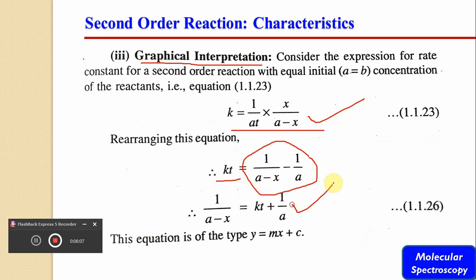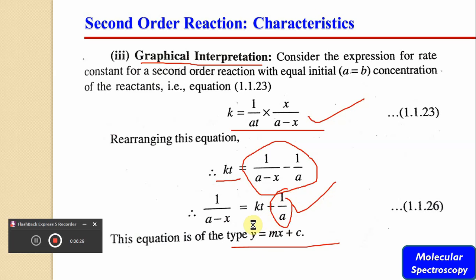And this equation is the equation of a straight line, y is equal to mx plus c. If this equation is compared with the equation of a straight line y is equal to mx plus c, the slope of this line will be m equal to k, and the y-intercept will be 1 upon a.